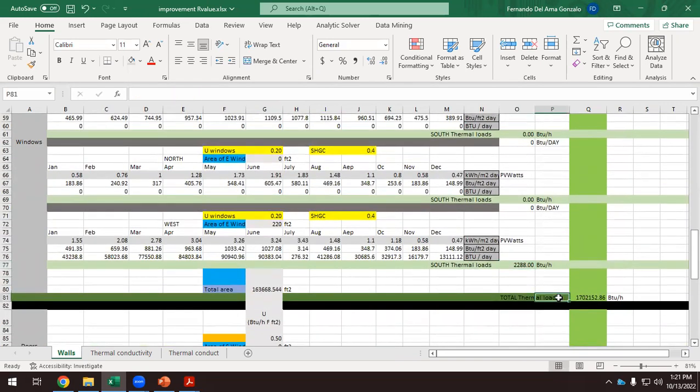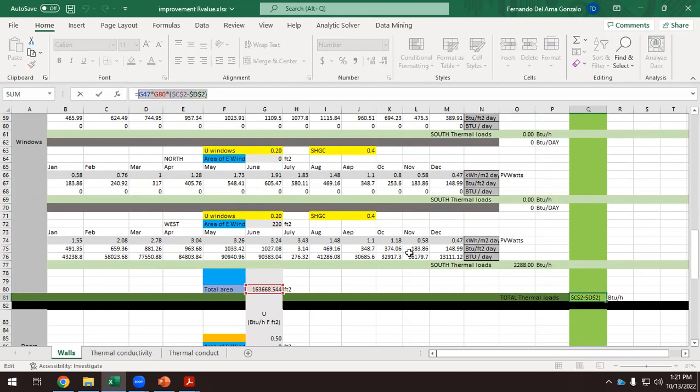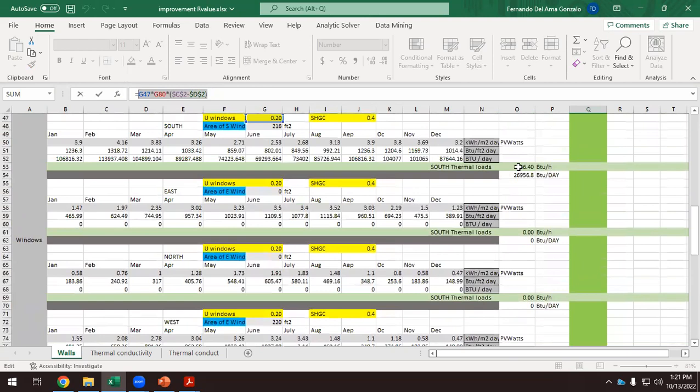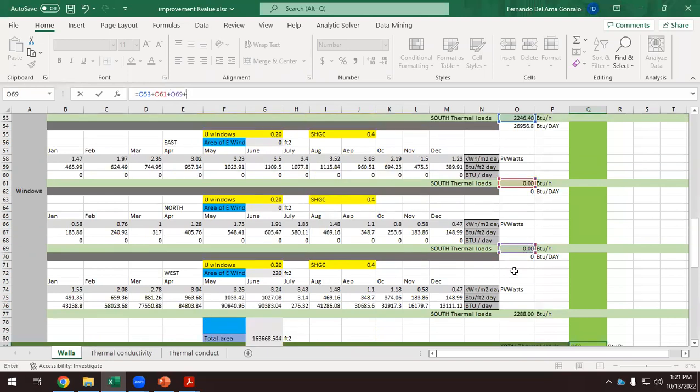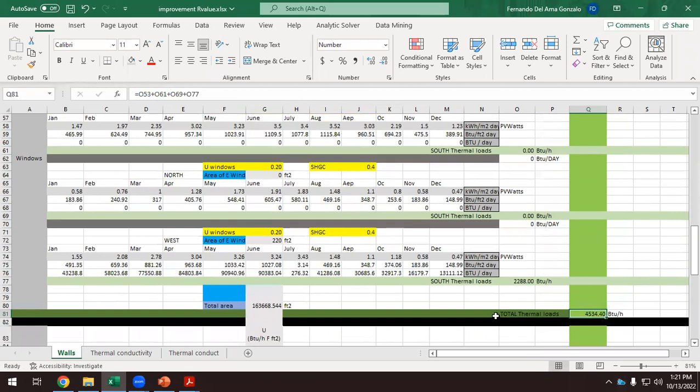So for the total thermal loads for windows, I have to type this cell plus this plus this plus this. And now this is the total thermal loads for the windows.